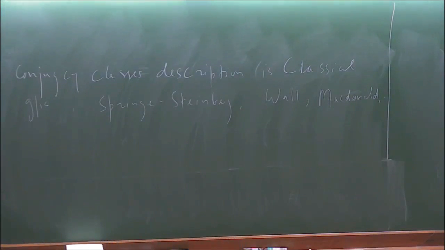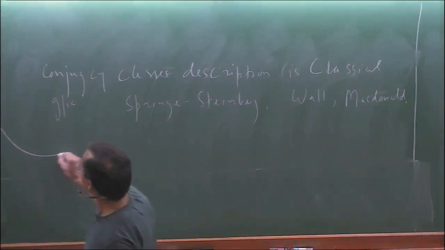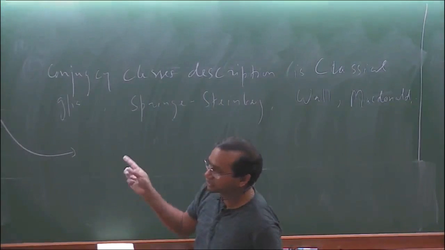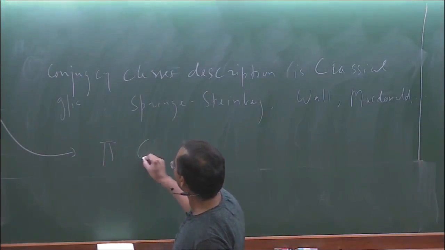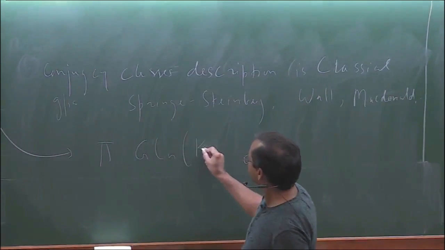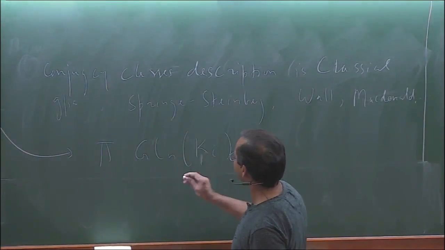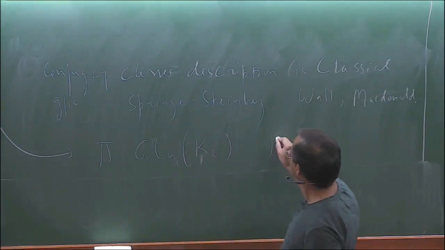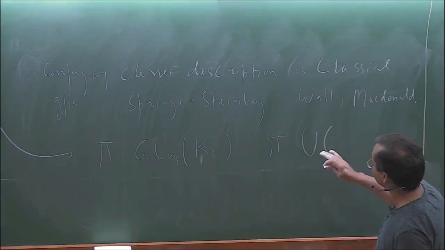So first we should compute the centralizer of a semi-simple element. It turns out that in this case, you can describe centralizers of semi-simple elements as a product of certain GL_{n_i}(K_i), where K_i could be an extension, and a certain product of unitary groups.